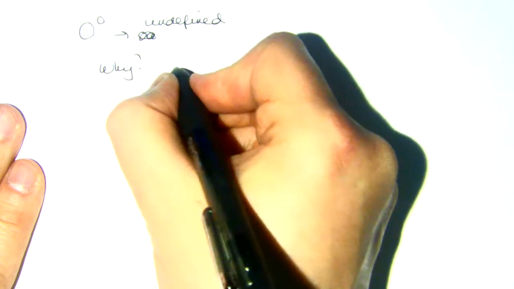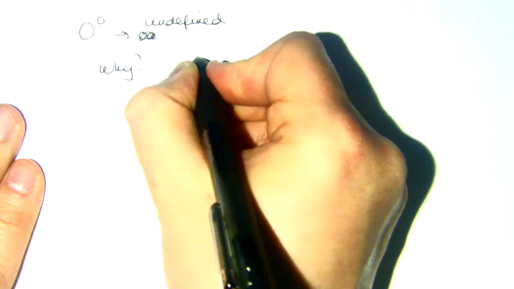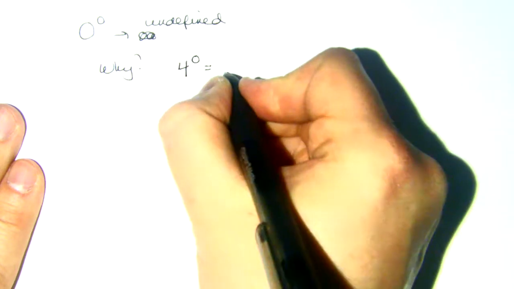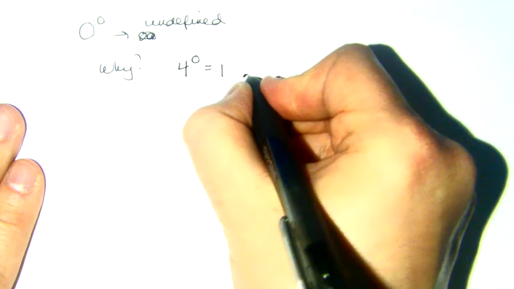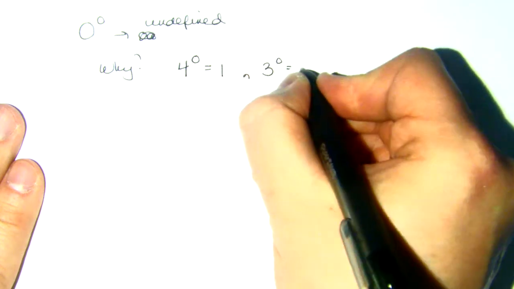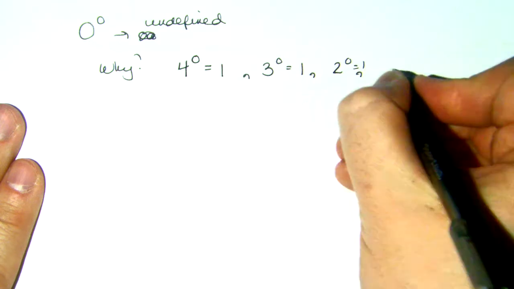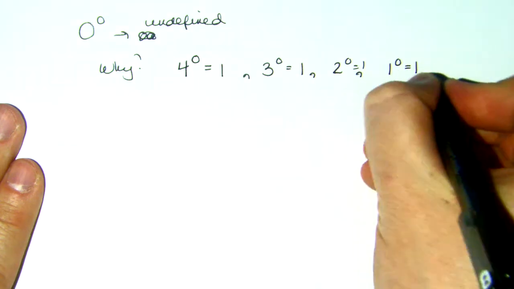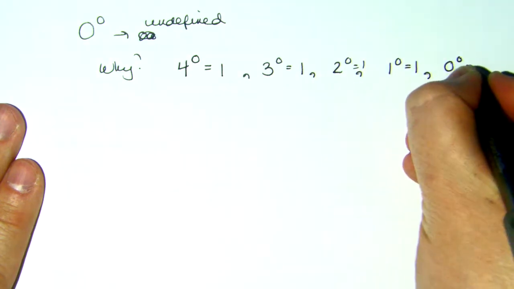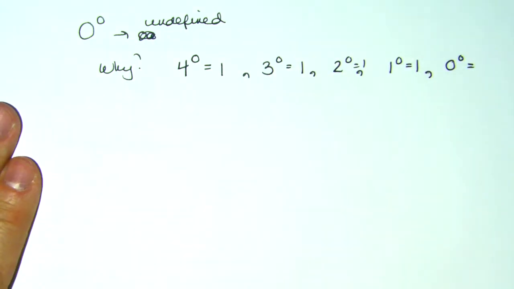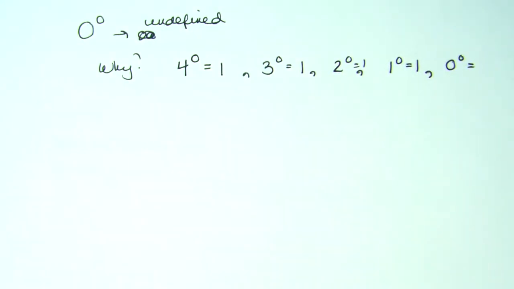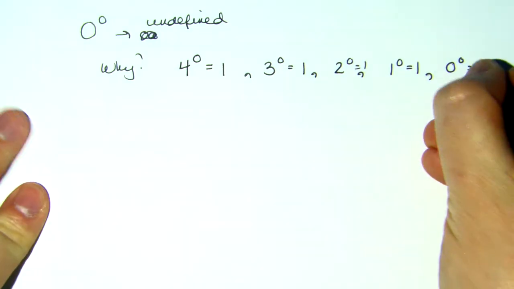Okay, how are we going to do this? If we have 4 raised to the 0, that's 1, right? 3 raised to the 0 is 1. 2 raised to the 0 is 1. 1 raised to the 0 is 1. So, according to this pattern, 0 raised to the 0 should equal what? Should be 1.